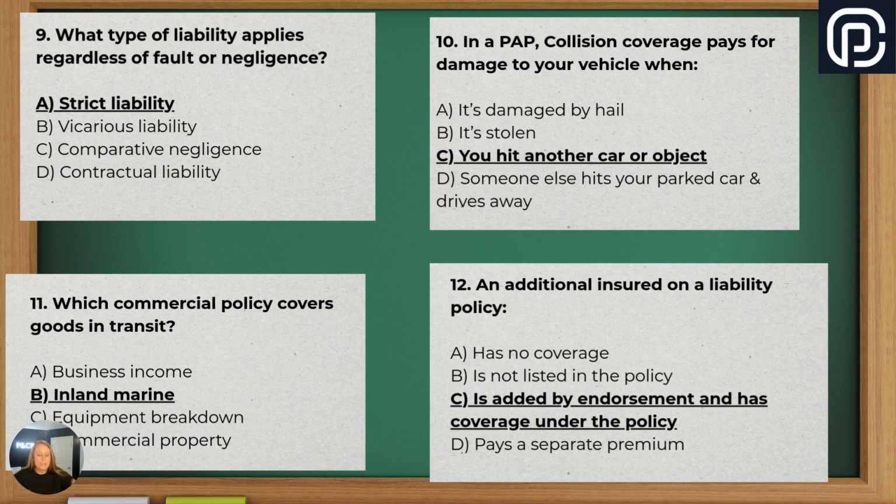So if that product causes injury to somebody, that producer is held liable, even if they didn't do anything wrong, right? That's why it's talking about regardless of fault, regardless of negligence. They did nothing wrong. They're still held liable because there's an implied warranty. I bought a product. I'm expecting it to be safe, right? That's why strict liability comes into effect regardless of fault or negligence.